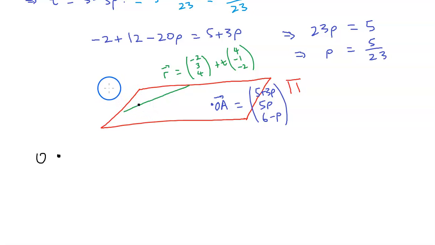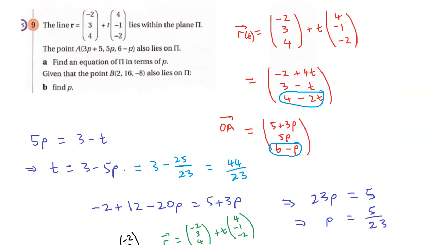Let's call it B, so that the vector OB is just (-2, 3, 4), taking t equal to 0. And then we can also take t equals 1, which would be OC. So t equals 1 gives us (-2 + 4, 3 - 1, 4 - 2), so (2, 2, 2).